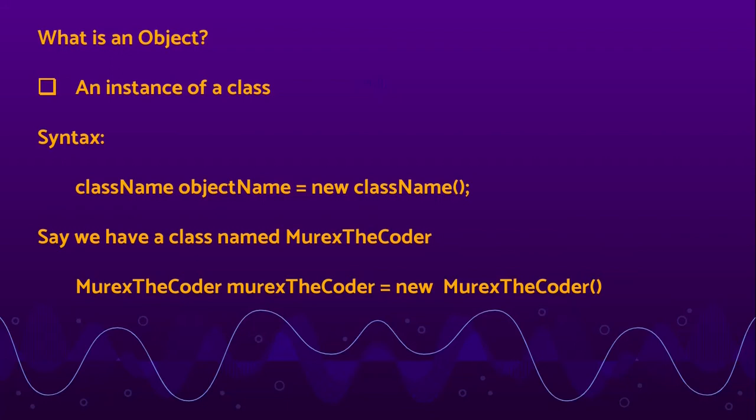Then it's an assignment operator, then the new keyword, and then the name of your class, MorexTheCoder, followed by parentheses. Obviously I missed the semicolon to end my statement, but since this is slides, we get a bit of a pass, because the compiler is not going to complain. If it was code, it would complain.